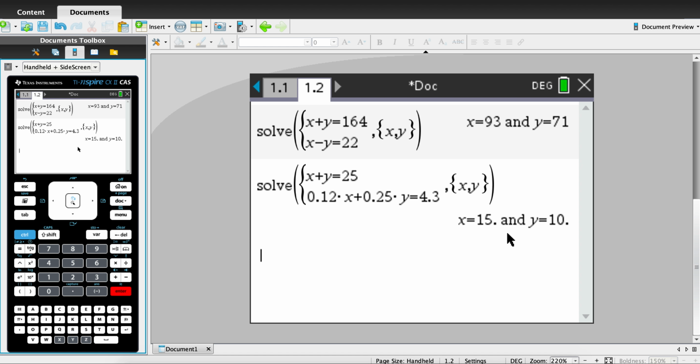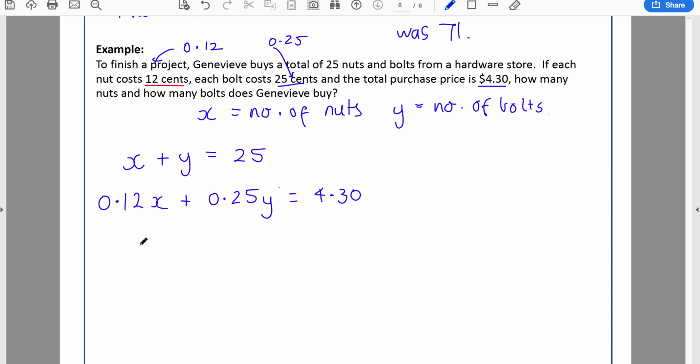Now, just to note that if you didn't get a nice answer, say you got a negative number, or a number that just doesn't make sense, like if I didn't get a whole number here, I'd be wondering why. Because, of course, the number of nuts and the number of bolts would have to be a whole number. So that's sometimes a warning that there's a problem with one of your equations, or a problem in what you've entered into the calculator. So just be careful.